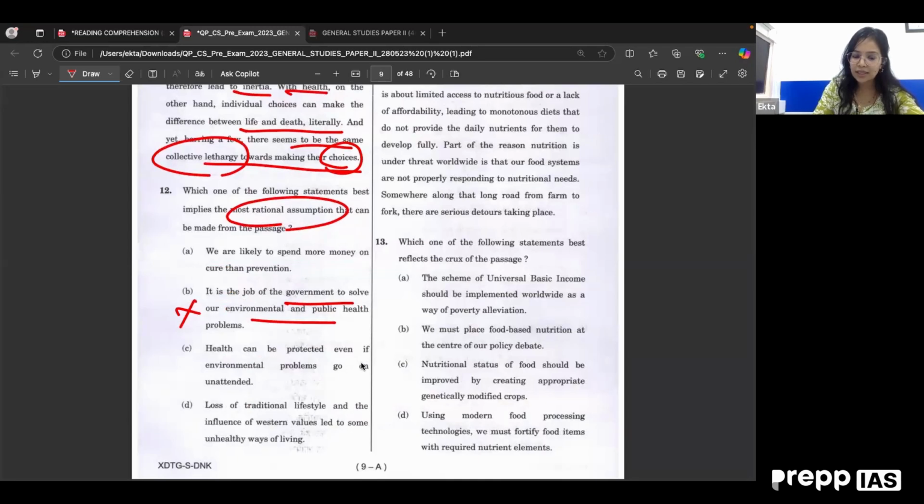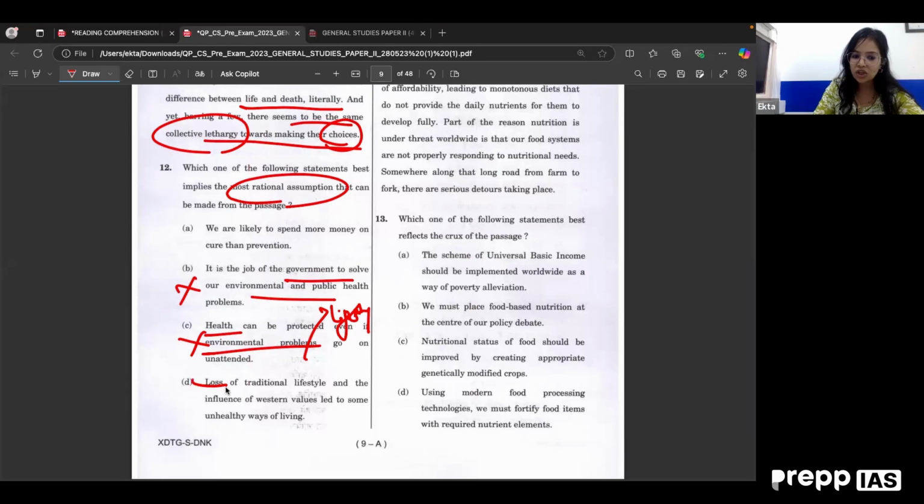Health can be protected even if environmental problems go on unattended. This is not at all the context. ये एक distortion है because यहाँ दो problems को relate किया गया है. अगर यहाँ statement में lifestyle aspect लिखा होता that health problems जो हैं they can be attended by lifestyle changes. However, environmental problems may not be. Then it could have been correct, right?